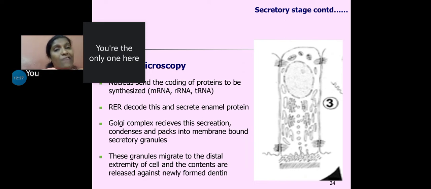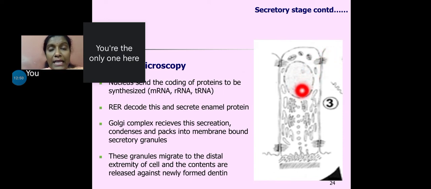The same thing will be reflected in electron microscopy. Electron microscopically, you will be able to see that the nucleus, which is placed peripherally, will show numerous pores on its surface. Pores are openings which allow nuclear material like mRNA and tRNA to move in and out of the nucleus.